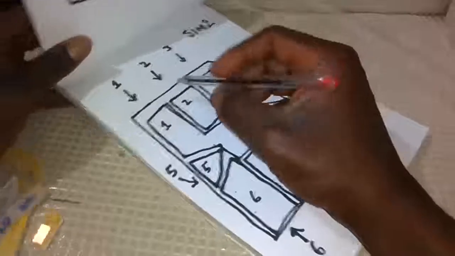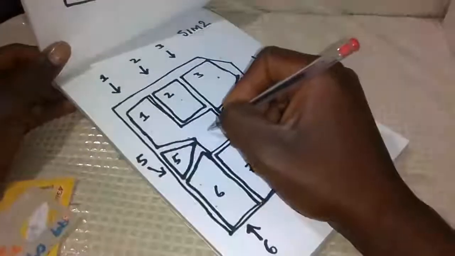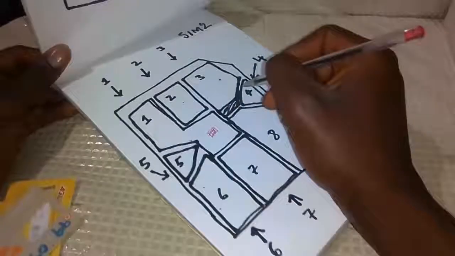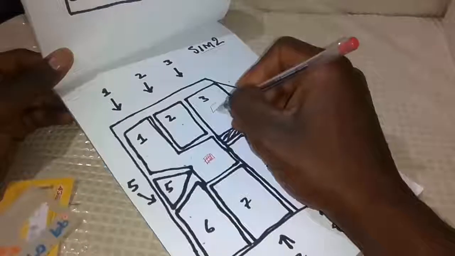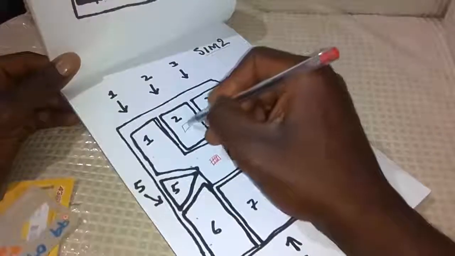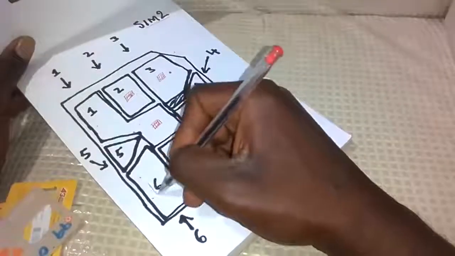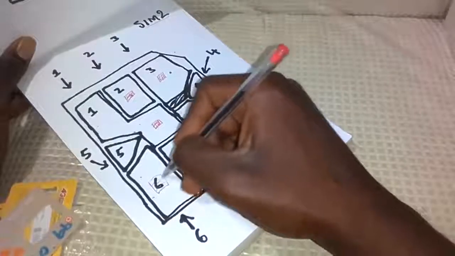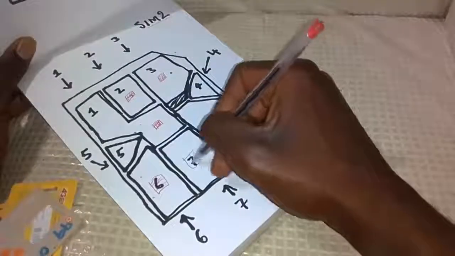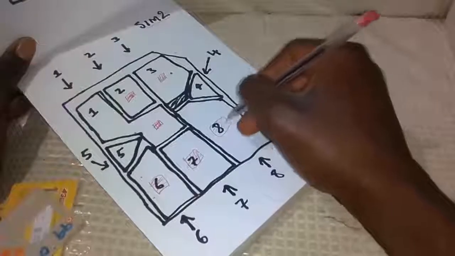So this SIM card is connected. On this other SIM card, the chip is here. We have another one here. We have this one here. It's always at the center. And we have this other one here.